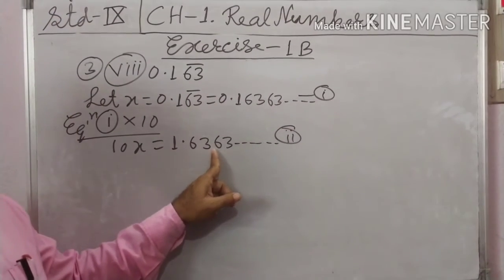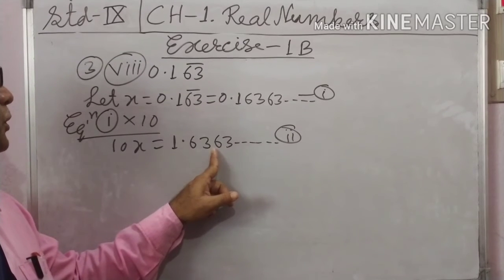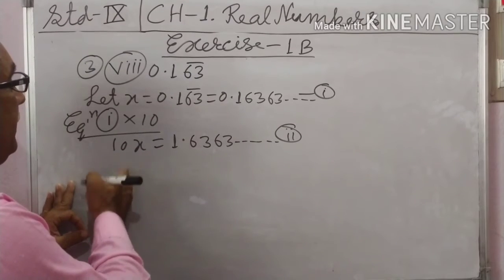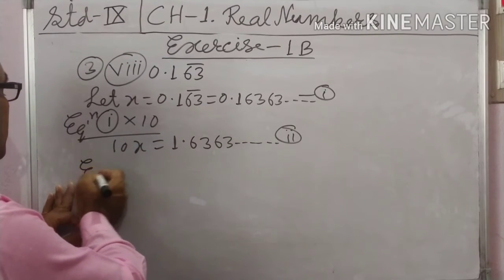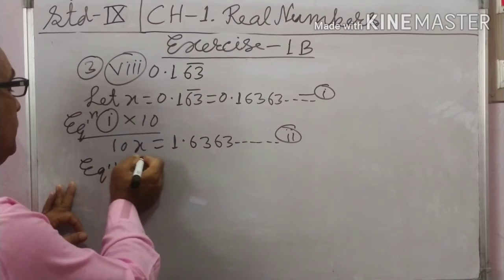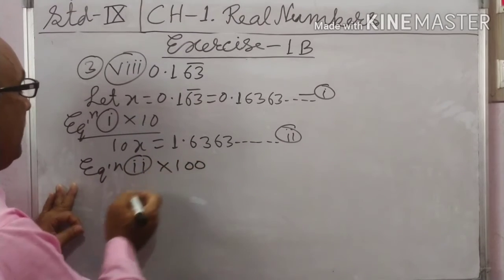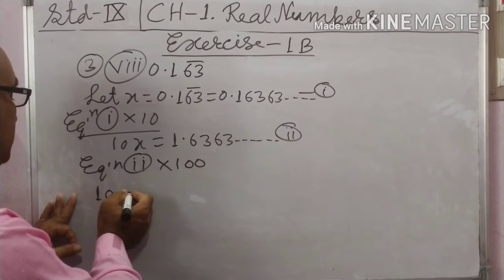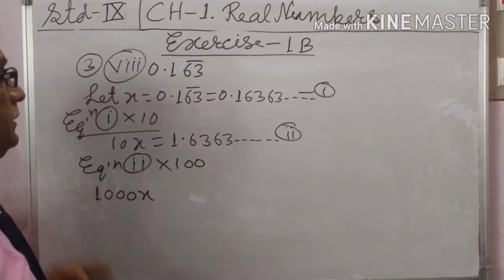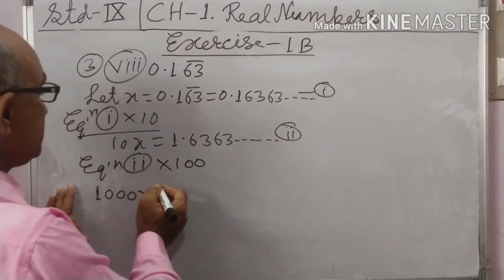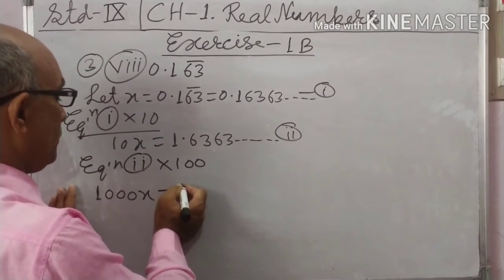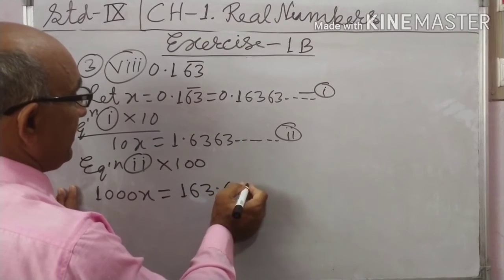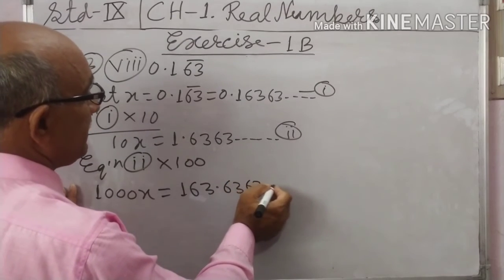Now 63 as one period comes to the left of the decimal, so multiply by 100 also. Equation 2 multiply by 100. So 10 into 100, 1000x equal to 163.63 dot dot dot.